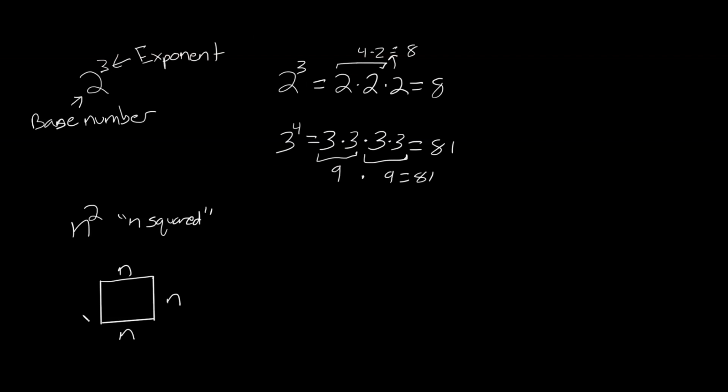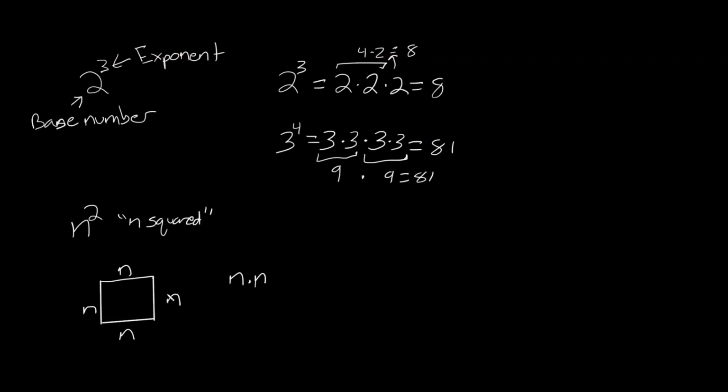All of the sides are n. So to find the area of this square, we would take n times n. And as we were introduced here, a number being multiplied by itself is an exponent. And since there are 2 n's here, the answer would be n to the power of 2, or we say n squared.